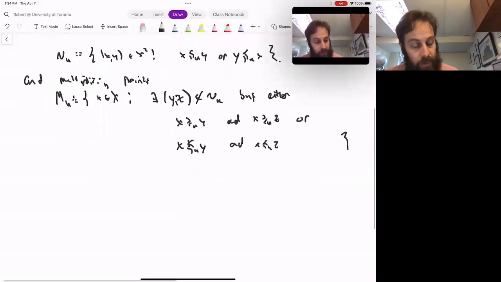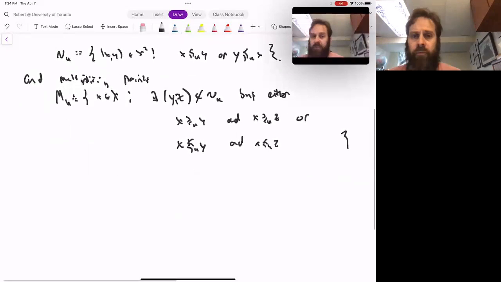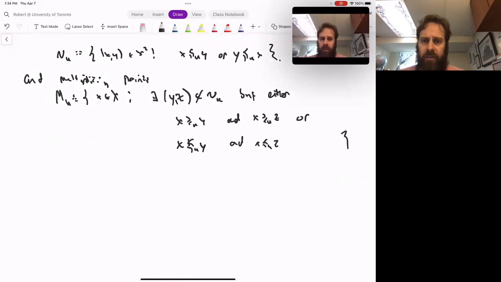At least when we took Euclidean distance on R^n, I showed that the multiplicity points have Lebesgue measure 0 because they live in the set where the Lipschitz function u fails to be differentiable. And so hopefully these multiplicity points are going to be measure 0 more generally.